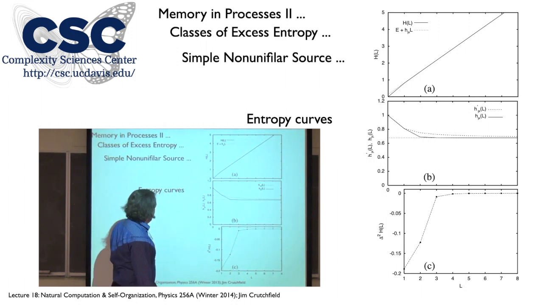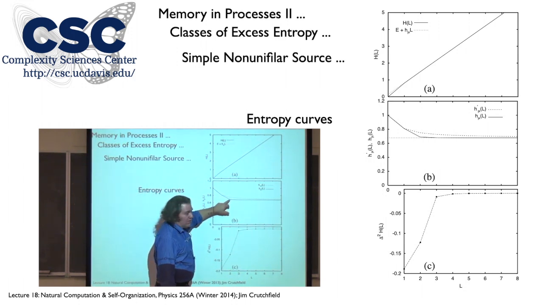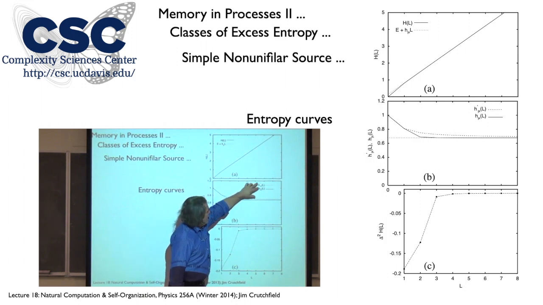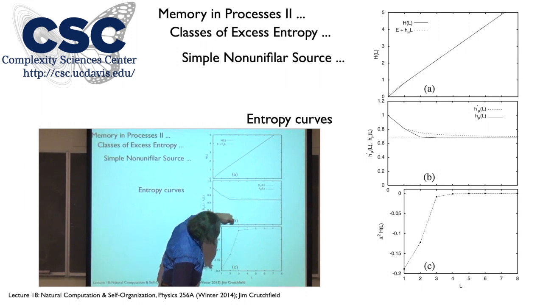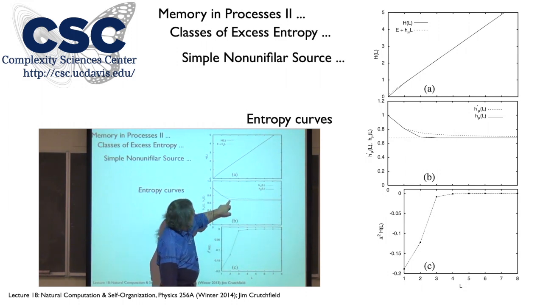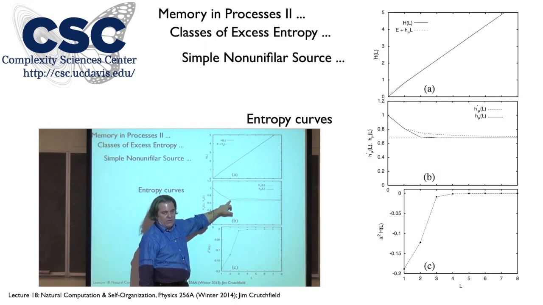So what's going on here? It's a little clearer to see the convergence properties in the h mu of L plots. I have the two approximates here, but just look at the solid line. It's actually around length 2 that this comes down pretty close to the asymptotic entropy rate.